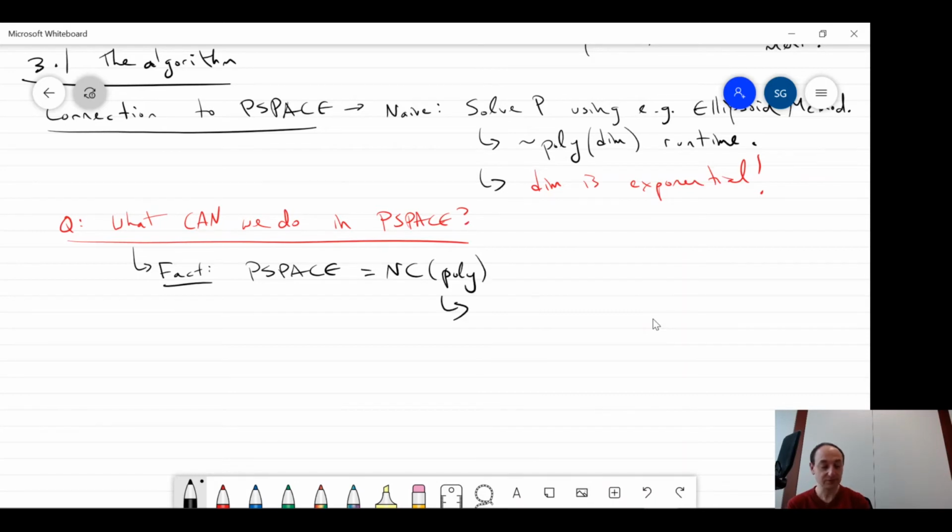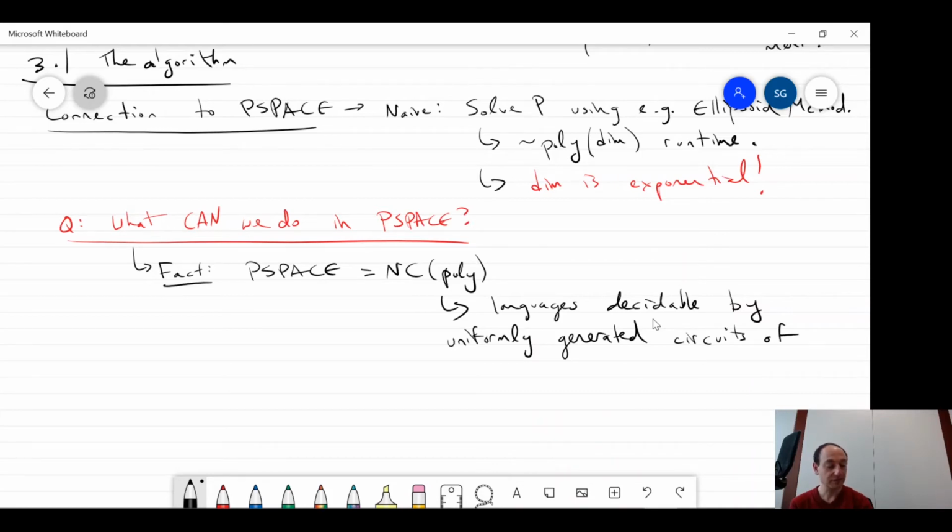And what is this? This is going to be, roughly speaking, the set of problems or languages decidable by uniformly generated circuits. Typically we like things to be uniformly generated in our circuit families. Now of course, they're not going to be polynomial size, because otherwise you just get P classically.